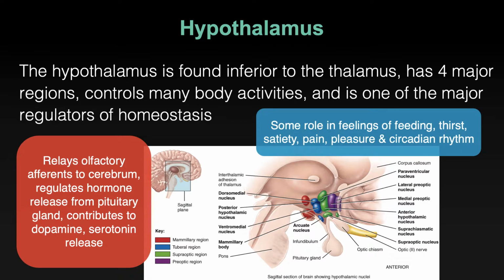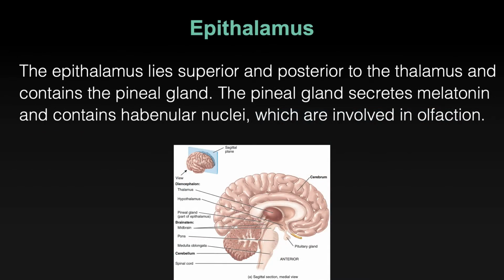So the epithalamus also contributes to some hormone release. It lies superior and posterior to the thalamus, and the gland that it controls is called the pineal gland. We're not going to spend a lot of time on the pineal gland, but I do want to reference it, because we talked about melatonin in class yesterday, and how the reticular formation releases melatonin.